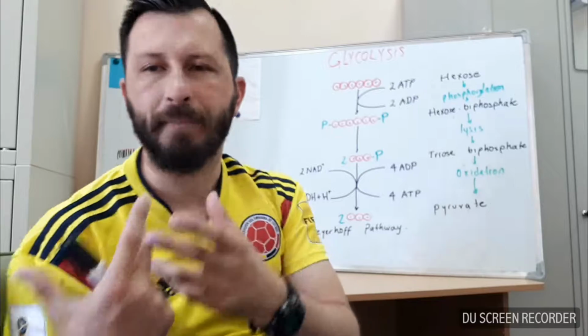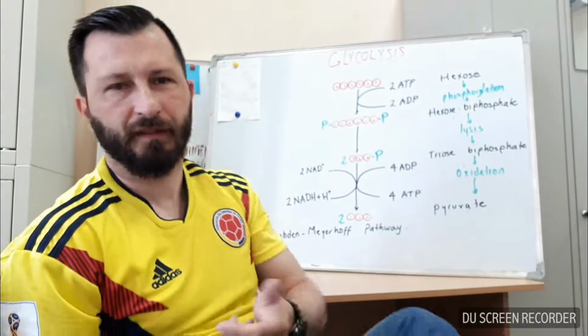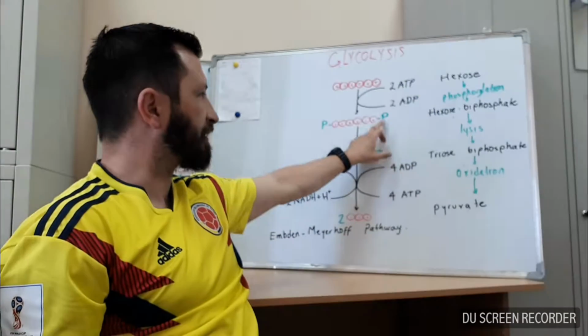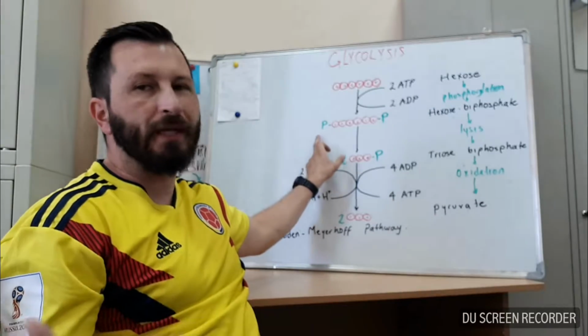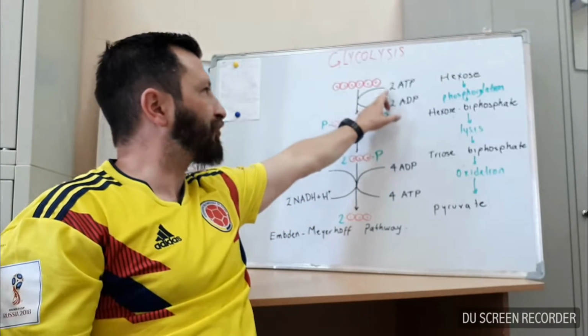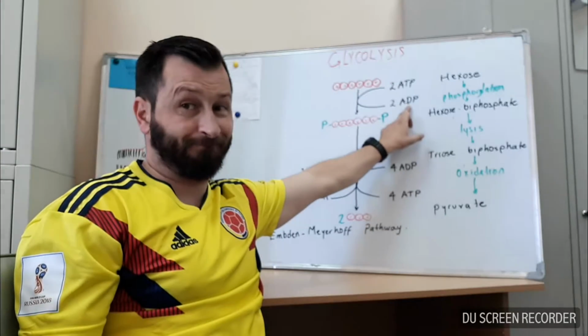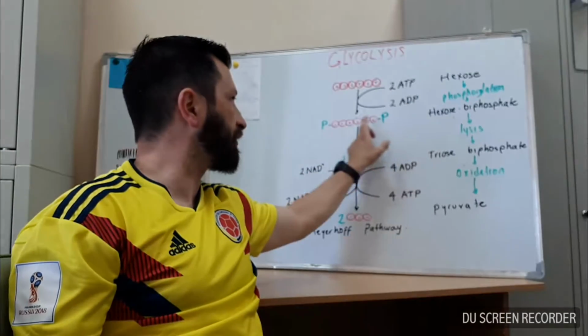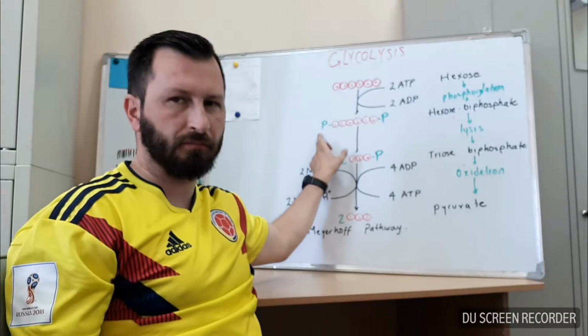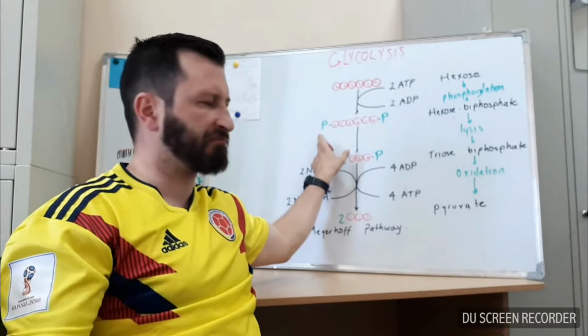Exactly, bi, two phosphates. If you notice, I have one here and one here. Where do I get these phosphates from? 2 ATPs provide 2 phosphates. Now one goes here, one goes here. So far, so good? Cool.